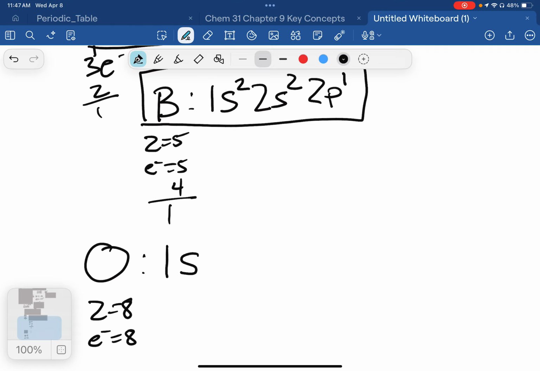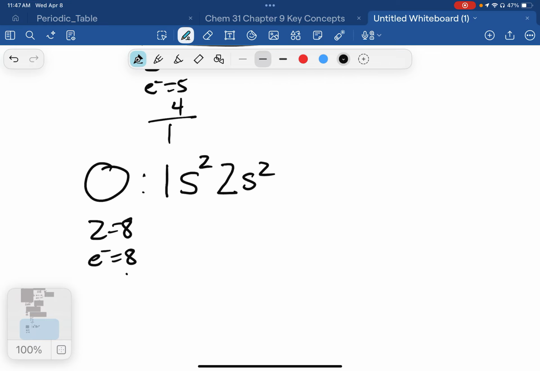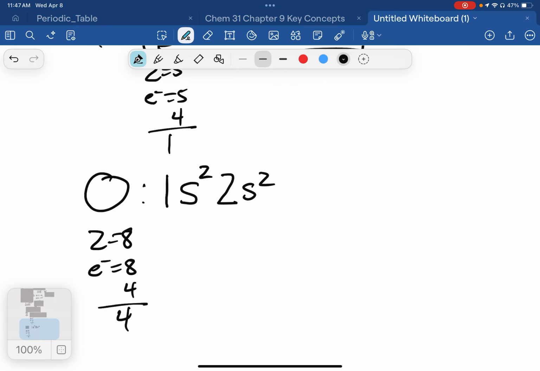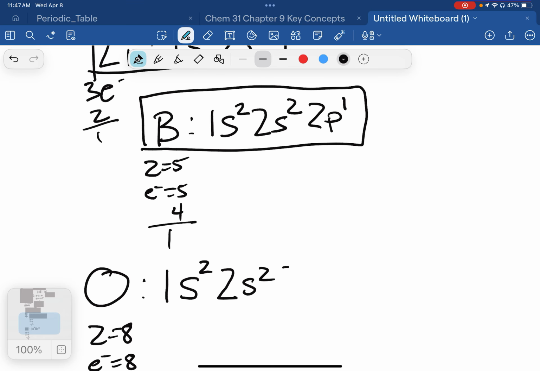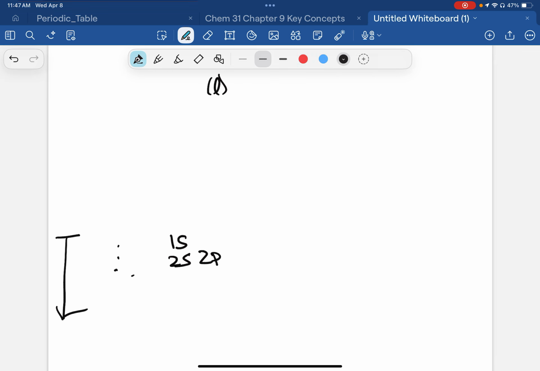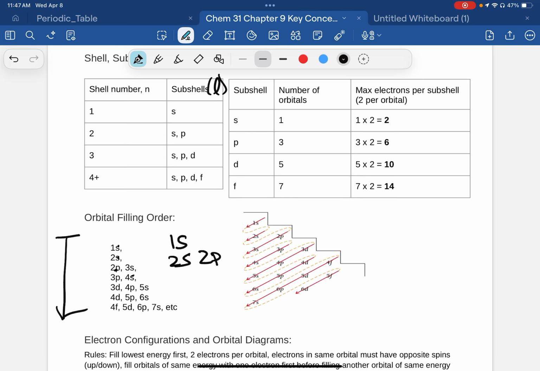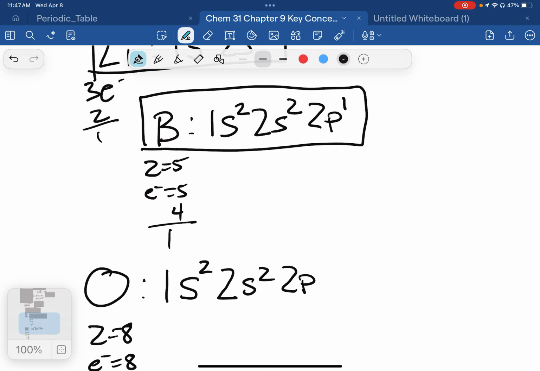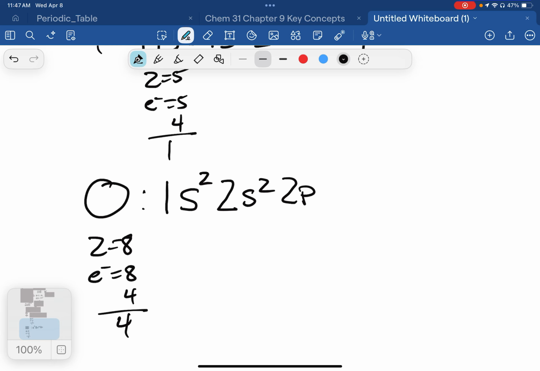We know 1s2, that's the first two. Then we know 2 more go into the 2s. We now have 4, and we're full at 4. We have 4 left. The next one is going to be 2p. But recall that the 2p actually can hold 6 and not 2. So you have enough room in there to put the remaining 4.